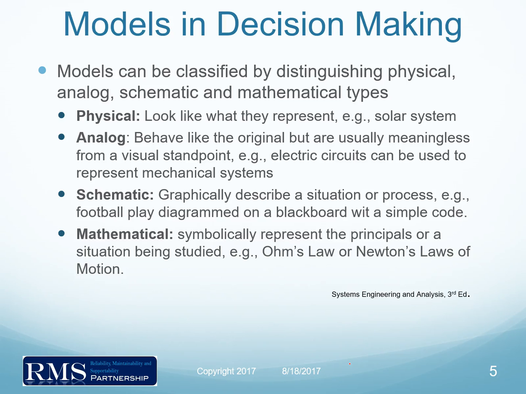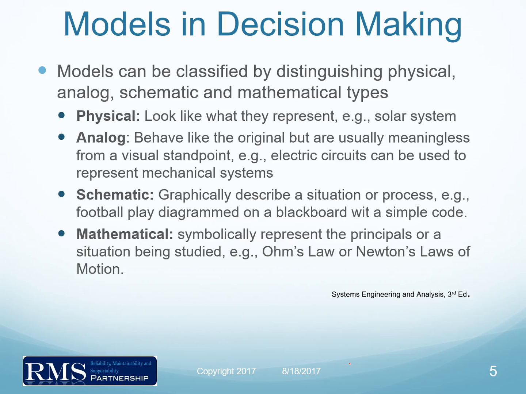All right, we can classify models for decision-making in these 4 ways: physical, analog, schematic, and mathematical types. The physical type looks like what it represents. When we were younger, some of us put together miniature styrofoam globes of the solar system, and so that's a physical model.